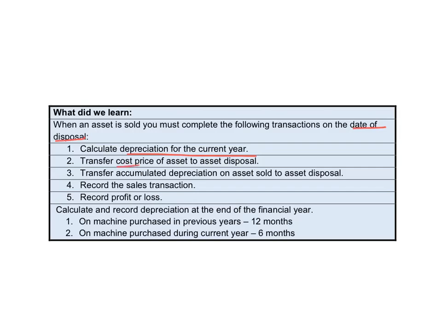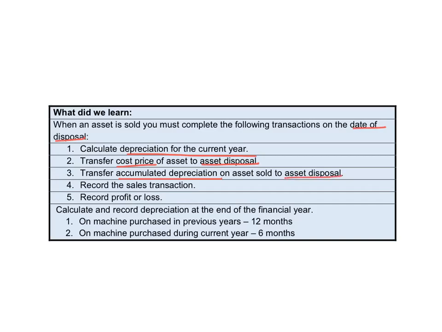Then you will transfer the cost price to asset disposal to remove the cost price out of your asset account on the credit side, because it's not in your possession anymore, so assets must decrease and asset disposal will be debited. Accumulated depreciation has a credit balance, so we will transfer the accumulated depreciation, debiting the accumulated depreciation account, crediting asset disposal.